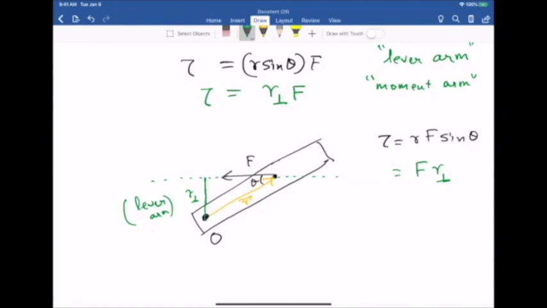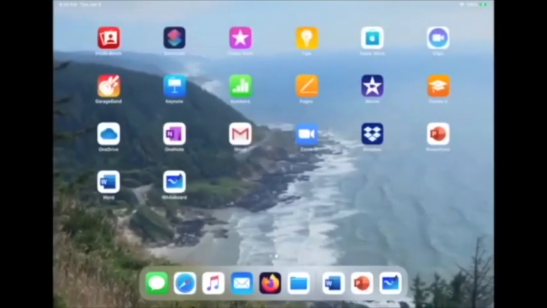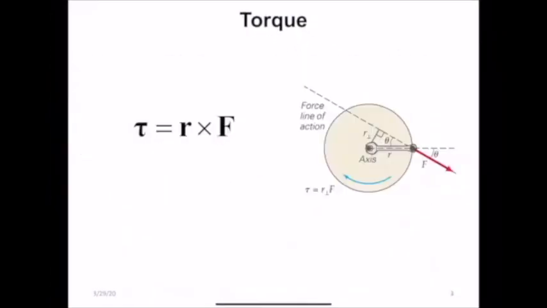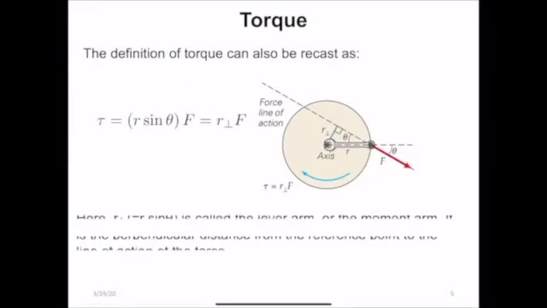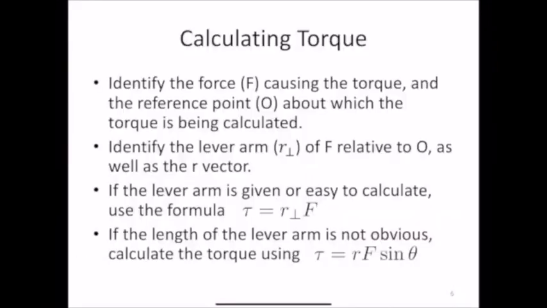Okay, now let's talk a little bit about how you calculate the torque in problems. So I have this slide over here. The first thing that you do when you calculate the torque is you identify the force that's causing the torque. You identify the reference point about which the torque is being calculated. So these are the first two things that you look for.